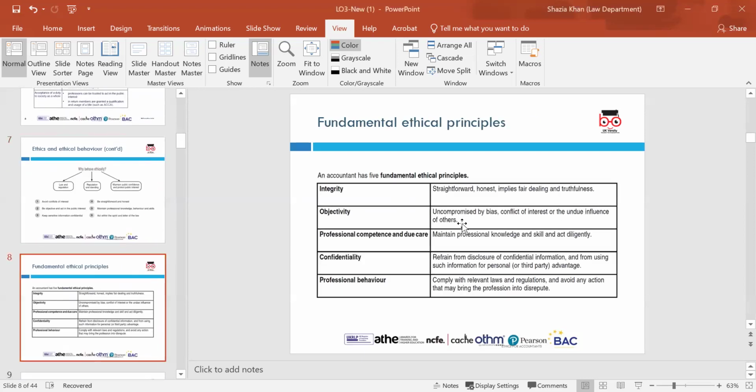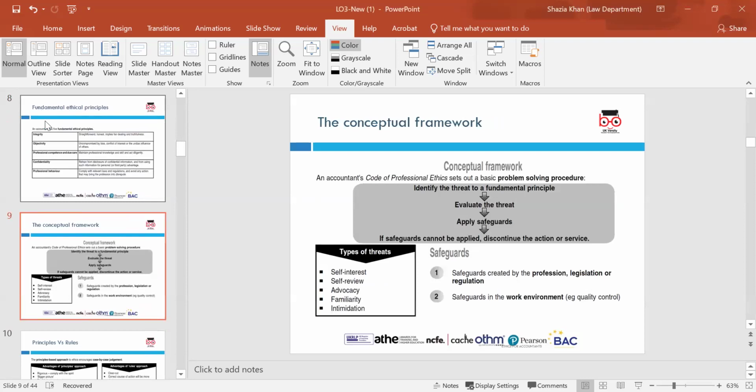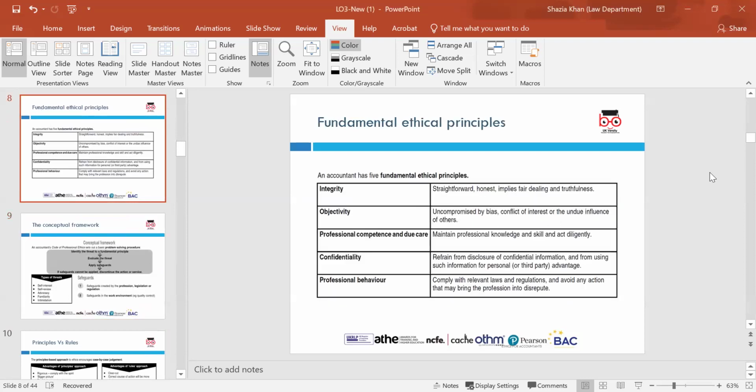Fundamental ethical principles. So the accountant has fundamental ethical principles. Firstly, integrity, and most professions would fall within this as well. Integrity, so they need to be straightforward, honest, which implies fair dealing and trustfulness. Objectivity, they need to be uncompromised by bias, conflict of interest, undue influence of others, and make sure there's no conflict of interest or bias.